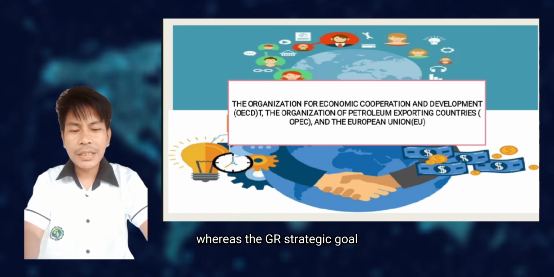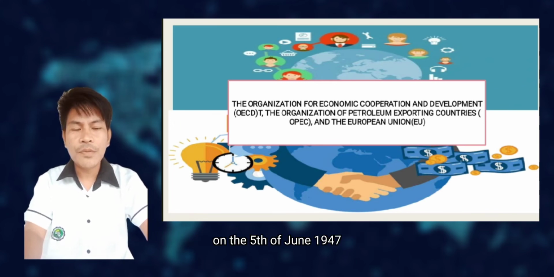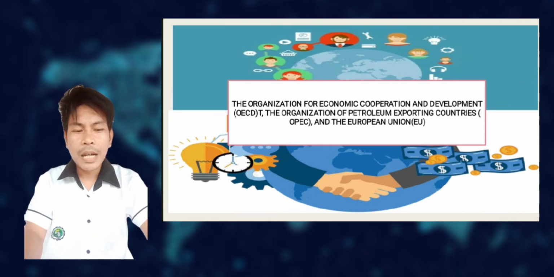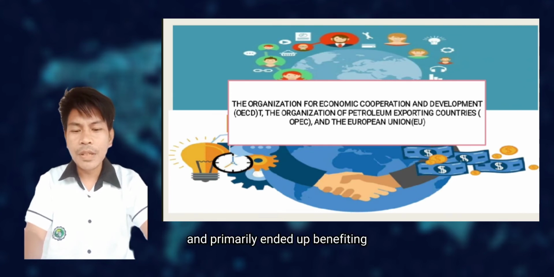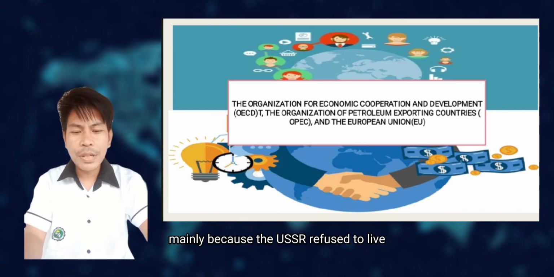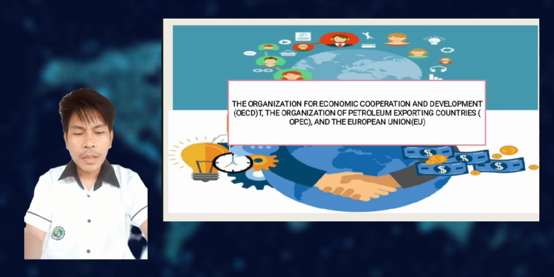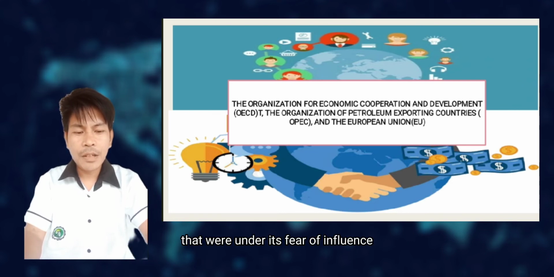Whereas the US's strategic goal was stopping the spread of Marxism and shaping European policy. It was announced by George Marshall on the 5th of June 1947 and primarily ended up benefiting Western Europe, mainly because the USSR refused to lift restrictions in Eastern European countries that were under its sphere of influence.